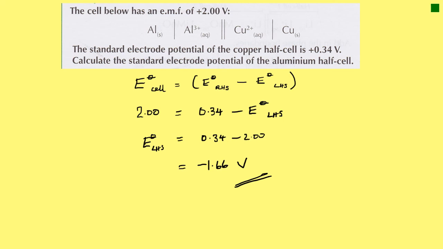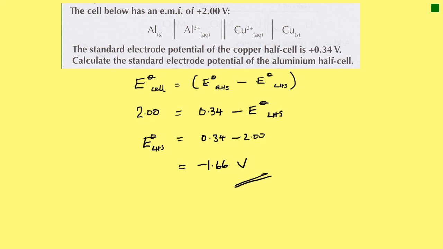Of course the first thing we do is write down our standard equation: the electrode potential under standard conditions of the cell is equal to the electrode potential of the right hand side minus the electrode potential of the left hand side. Which is which? Copper is going to be on the right hand side and aluminium on the left hand side.